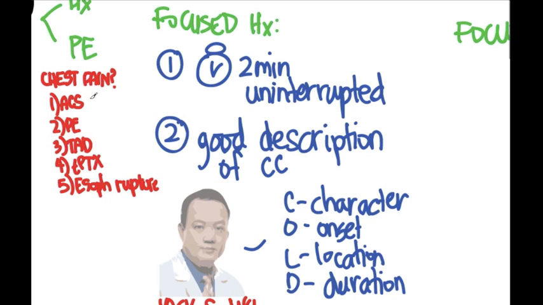A PE may have a swollen leg. They may have a DVT, which is the cause of this. Thoracic aortic dissection, they may look sweaty and diaphoretic and hypotensive. Tension pneumothorax, you might look for JVD or decreased breath sounds on one side or tracheal deviation. And esophageal rupture, they may be vomiting. You might hear some crepitance in the chest. So you can see now how your exam is even focused by your differential.